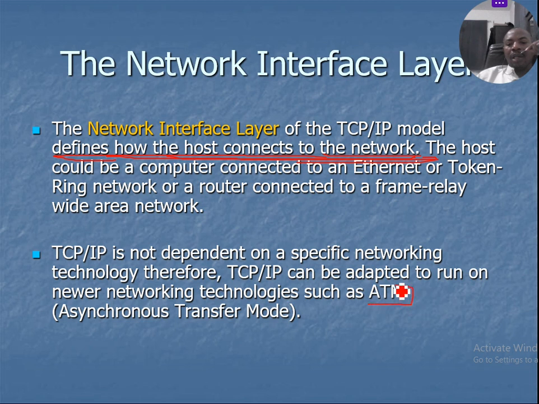On this network layer, we use the ATM, which is called the asynchronous transfer mode. ATM, asynchronous transfer mode. Okay, so this is one of the protocols that is used in this network layer, ATM.